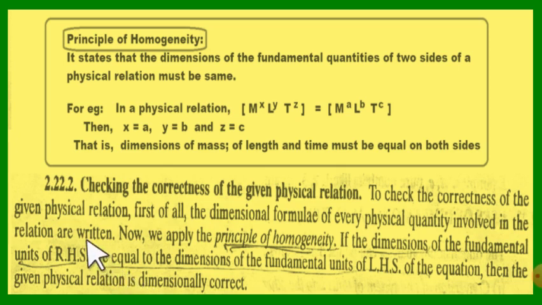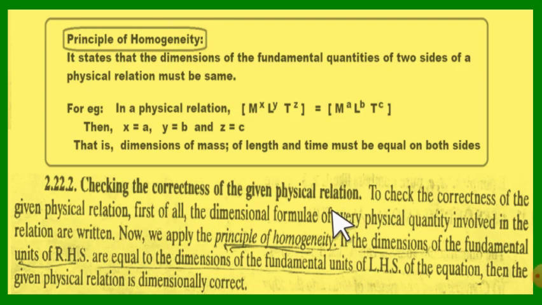This is the second application of dimensional analysis. But before that, let's know what is meant by the principle of homogeneity, because we are going to use this principle in checking the correctness of a given physical relation.